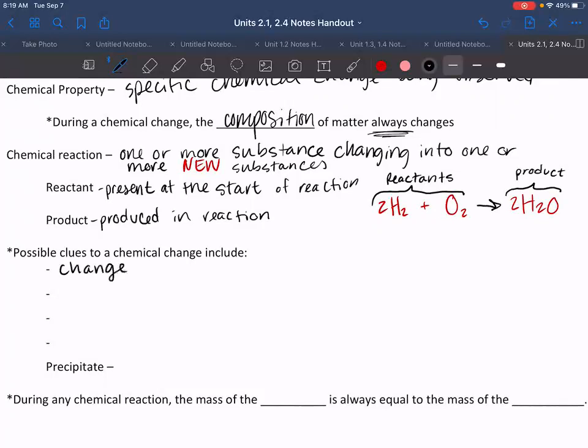If you see that, it indicates a chemical change has occurred. So, change in color, production of gas. What do we look for in our reactions to see if gas is forming? Bubbles, yeah.